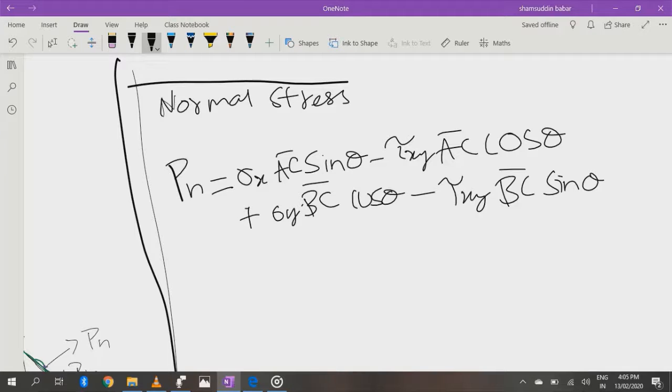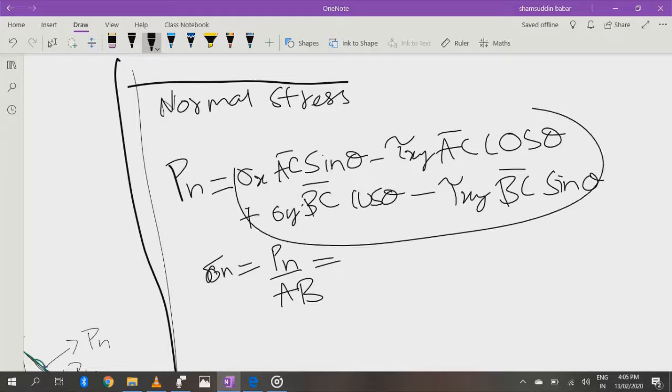Now I know that stress N is Pn divided by AB, so I can write stress N is equal to Pn over AB, or this whole formula divided by AB.